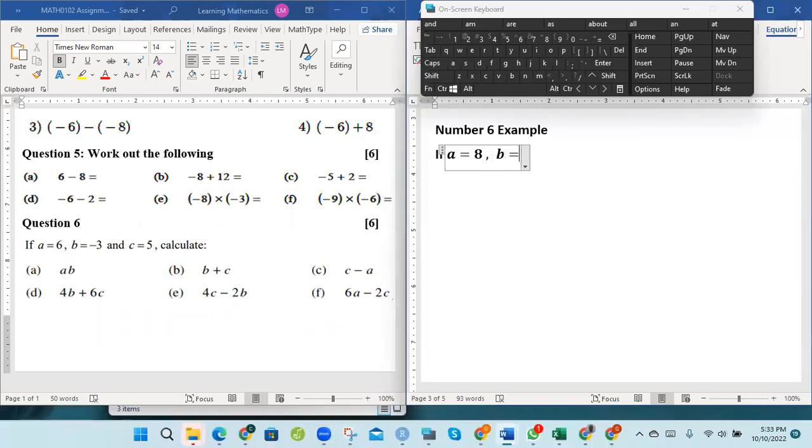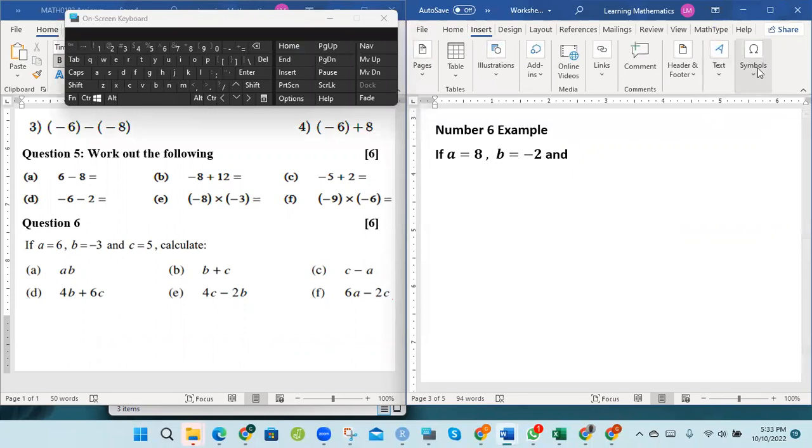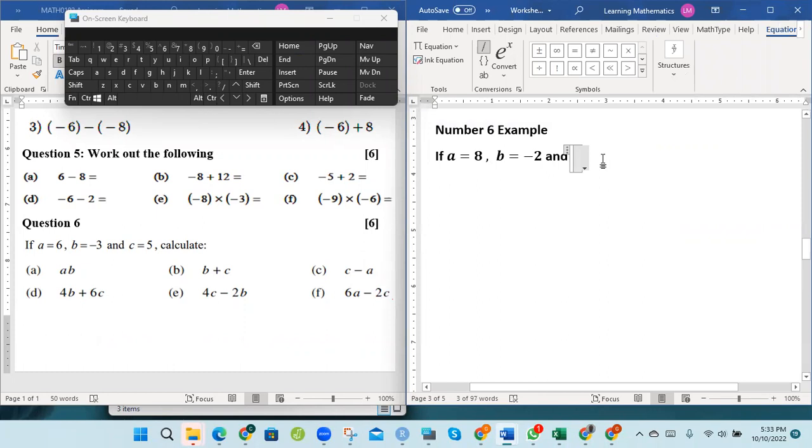Let's say B is equal to negative 2. And C is equal to 5. So we can put C is equal to, let's see, 4. C is equal to 4.